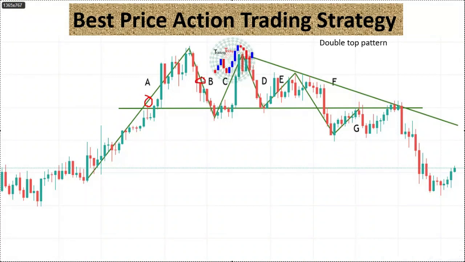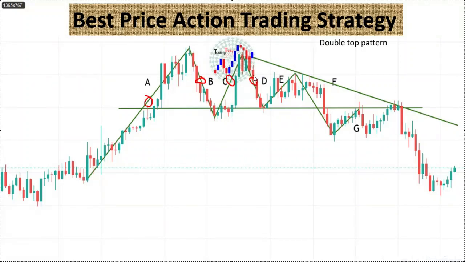The B, a retracement move lower which forms a swing low. The C, the market made another push higher but failed to break above the previous high. This is a sign of weakness, but the uptrend is still intact.